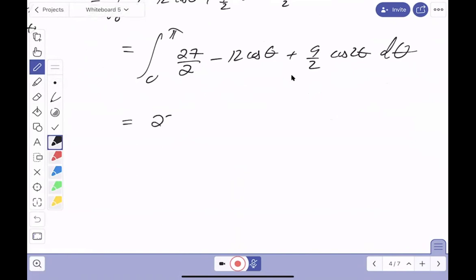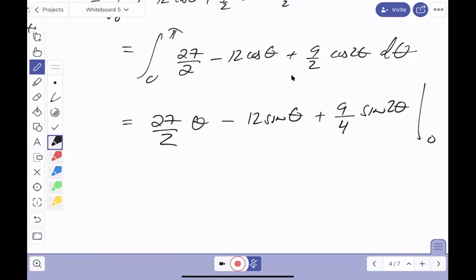So you can get 27 halves theta minus 12 sine theta plus 9 quarters sine 2 theta. Limit of integration would be 0 to pi. Let's see if we can do it. You're going to get 27 pi over 2.